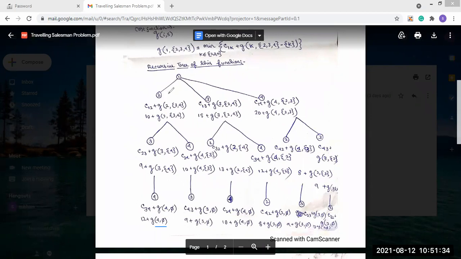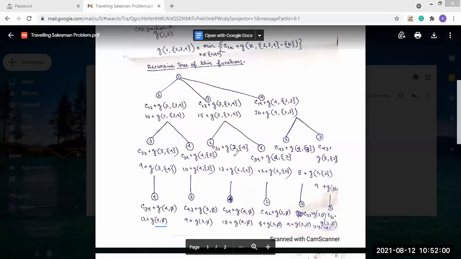Similarly, we can choose this path also: from 1 to 2, then from 2 to 4, and from 4 to 3. Then after going to 3 it will return to 1. We may choose this path also: from 1 to 3, from 3 to 2, from 2 to 4. Or this path can be chosen: from 1 to 3, from 3 to 4, and from 4 to 2.